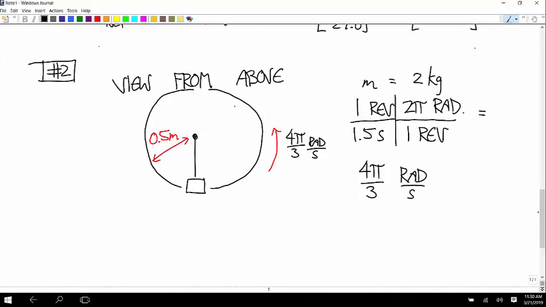And so now let's think about this as circular motion. The velocity vector is this way. It's in uniform circular motion. What does that mean about the angular acceleration? 0. Yep. The centripetal acceleration is this way, and so that's also the direction of the total acceleration, or that is the total acceleration.